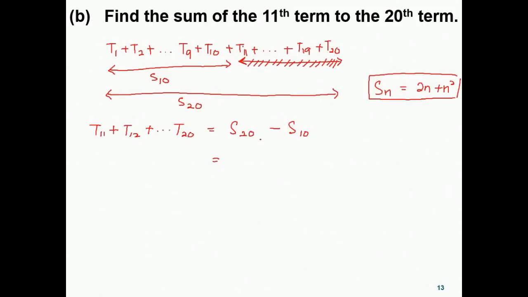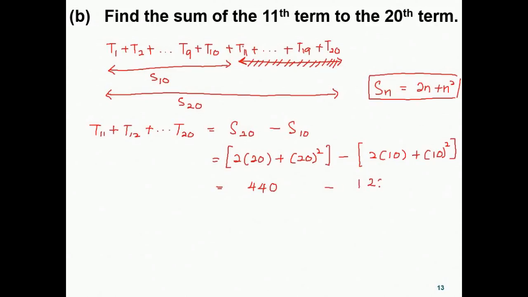So S20 is equal to 2 times 20 plus 20 squared, minus S10, which is 2 times 10 plus 10 squared. Calculate the answer. Then we have 440 minus 120. The answer is 320.